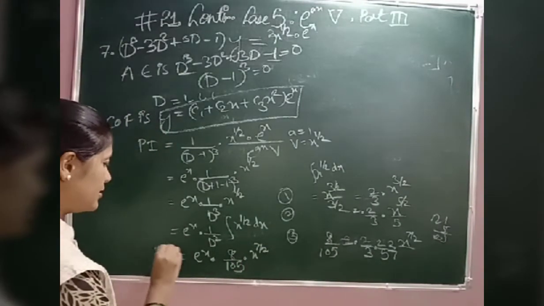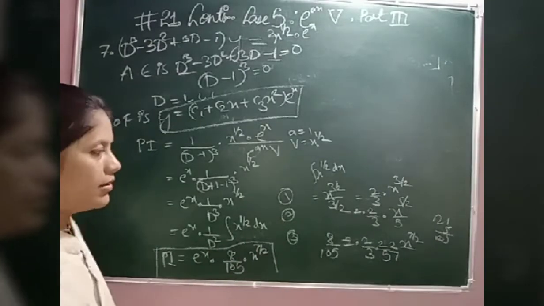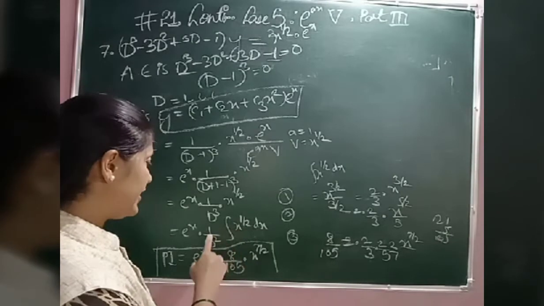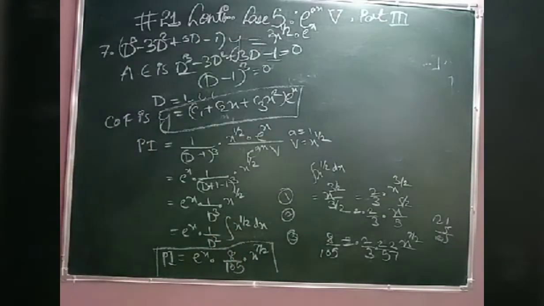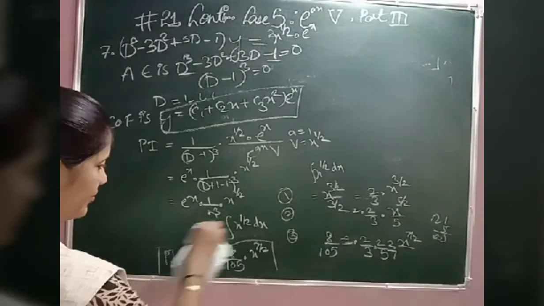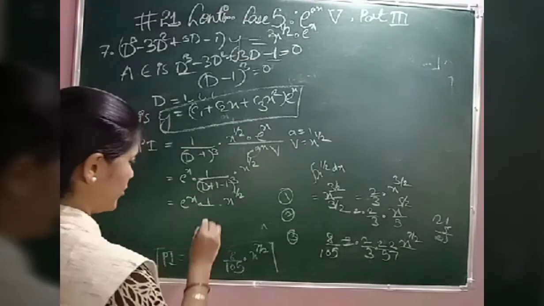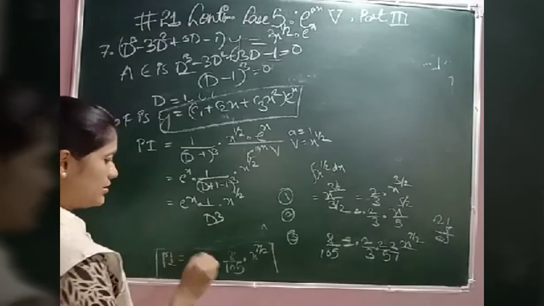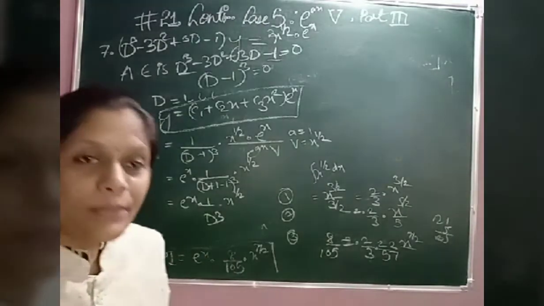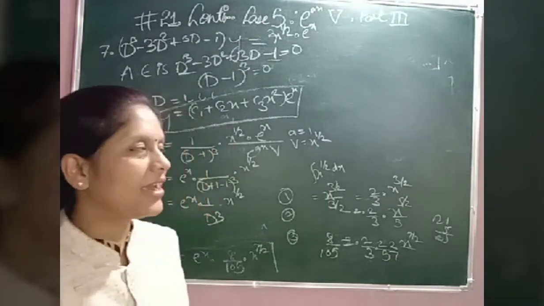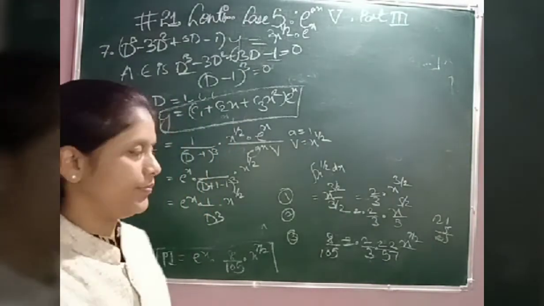So, this is our PI. How did we get this? This means 3 times integration, which we have already written as 1 by D cube. So, this gives this answer. The complete solution is y equal to CF plus PI. Write down CF, write down PI.